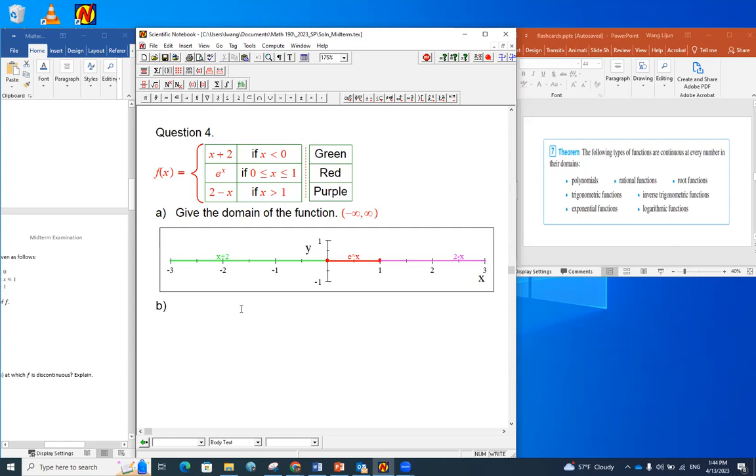First you may like to make the statement, though you don't have to, because the question is asking where the function is discontinuous.